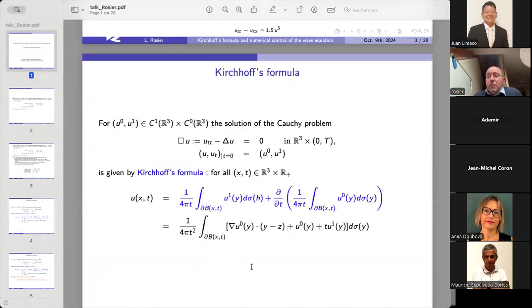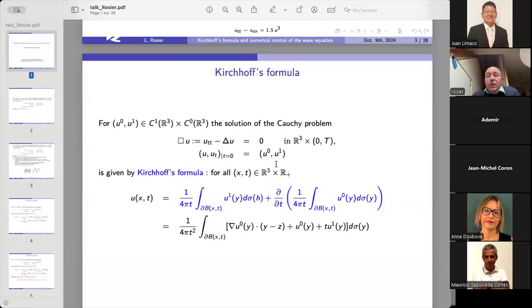So let's go now to the classical Kirchhoff formula, which you can find in classical textbooks, like Evans' PDE book, but also in older books like Courant-Hilbert, for instance. This Kirchhoff formula is a sort of extension of D'Alembert formula to dimension 3. You look at a smooth solution of the wave equation in R3, so in the whole space, and you start from u0, u1.